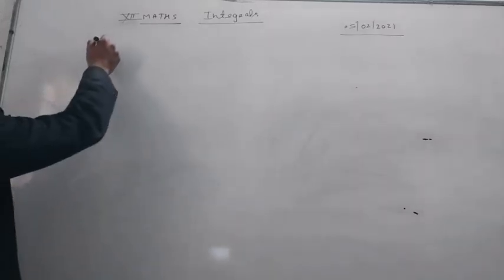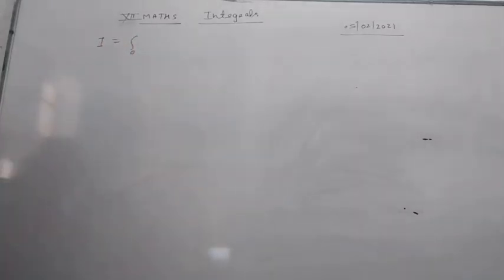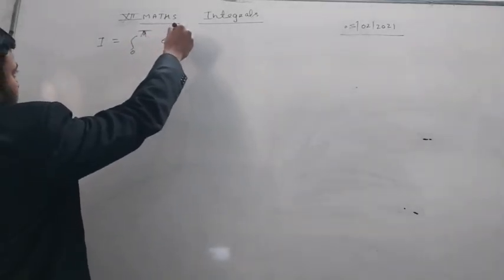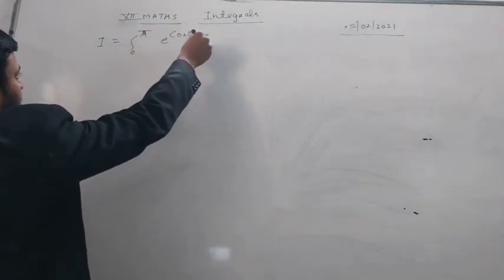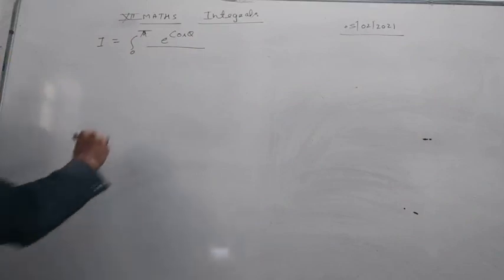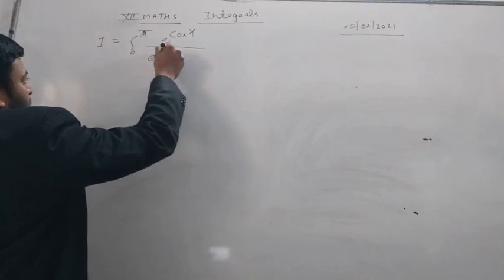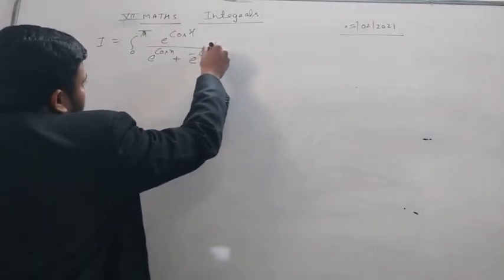Our next question is students: I is equal to the integral from 0 to pi of e to the power cos x by (e to the power cos x plus e to the power minus cos x) dx.